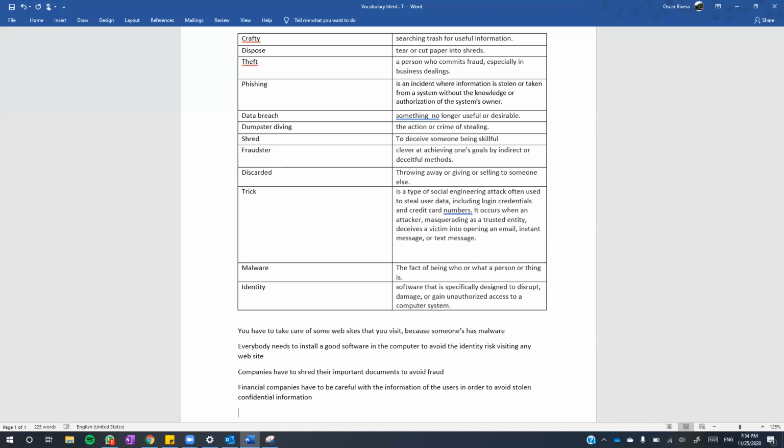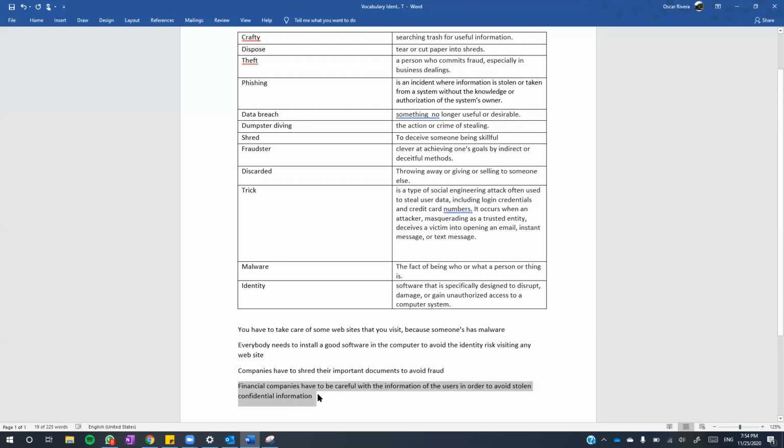What's the term you're using in number 4? Data breach? Oh, but you need to use the word in the sentence. So data breach should be in the sentence. We're careful with the information of the user in order to avoid data breach. Yes, we could go like that. Very good.